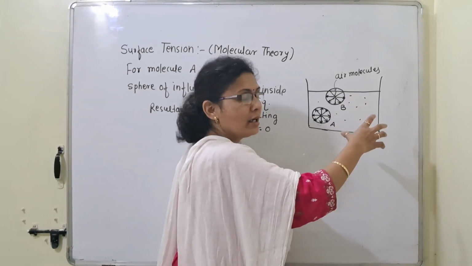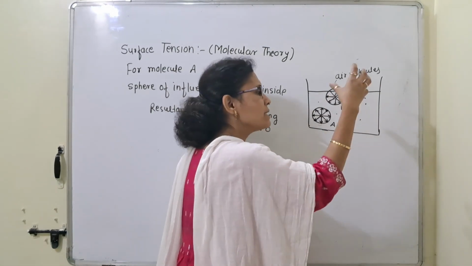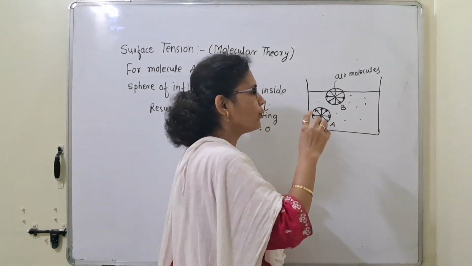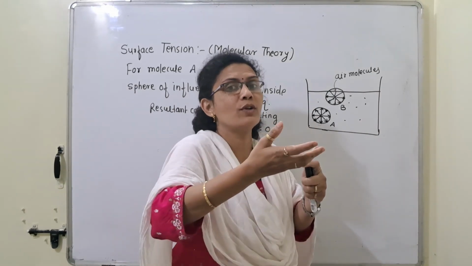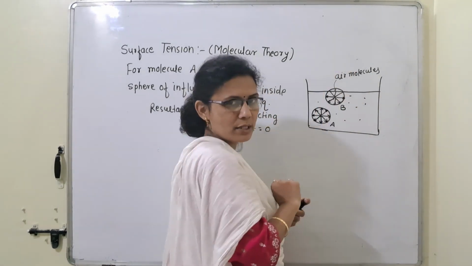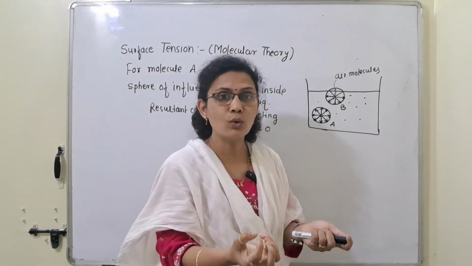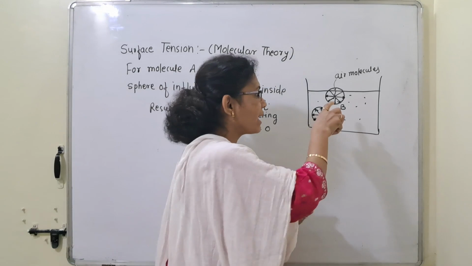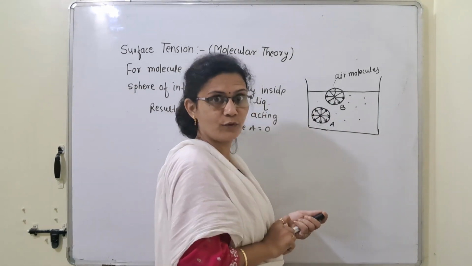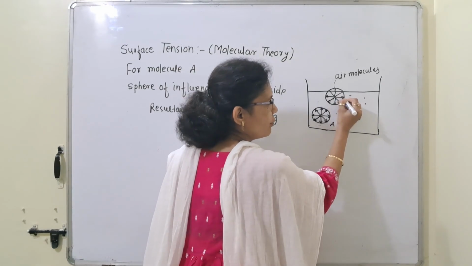Force exerted by the molecules of the same liquid is cohesive, and adhesive force will be exerted on molecule B due to the air molecules, and that number is less. Therefore resultant downward cohesive force will act on this molecule B. Why? See, here there will be water molecules, here there will be water molecules.